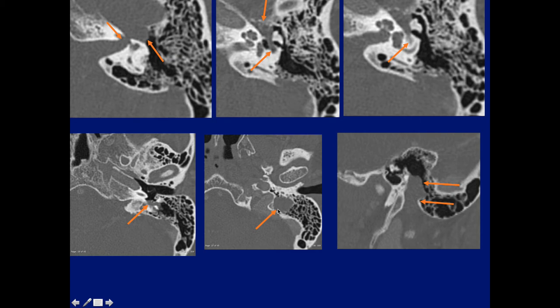And look at the destruction within the mastoid. Look at the expansion here on the sagittal CT of the stylomastoid foramen, destruction of the mastoid segment of the canal, and erosion into the mastoid air cells.